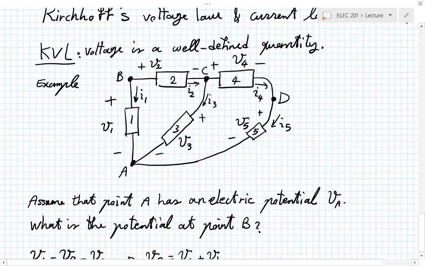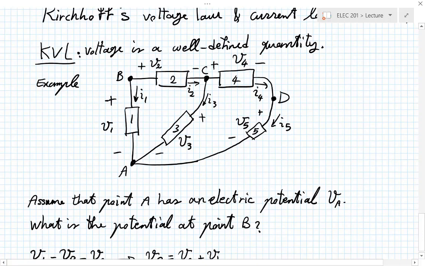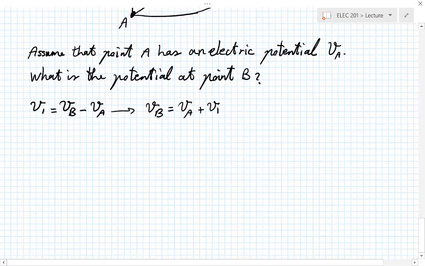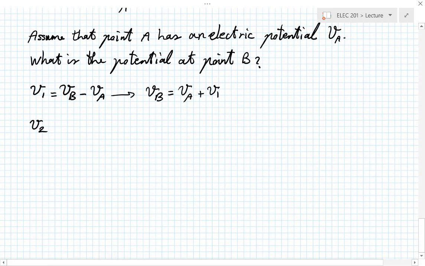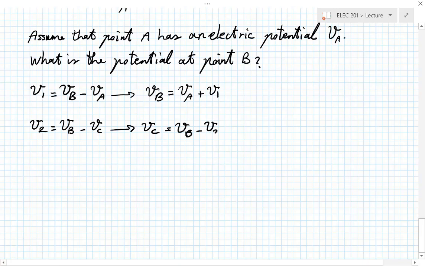So let's see. The way I have written it, V2 is the difference, VB minus VC, right? So VC is VB minus V2, which then, if I replace from the first line, is VA plus V1 minus V2.